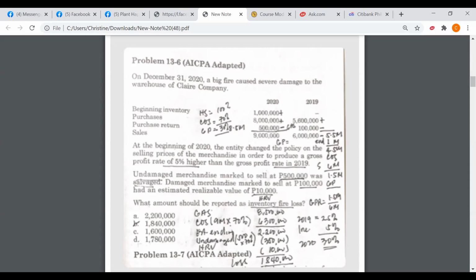So your total loss must be 1,840,000. Again, you have to convert your physical count or your recovered goods only at cost, not at sales price, because when we say inventory, it should be at cost.